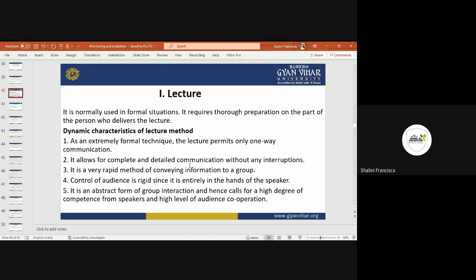As I have already stated, it is in a formal institution, a formal situation, so the lecture takes place as a formal procedure. It only has a one-way process, and a little time is given later to clarify doubts. The spokesperson is the main person to communicate. That is why it's a one-way process.